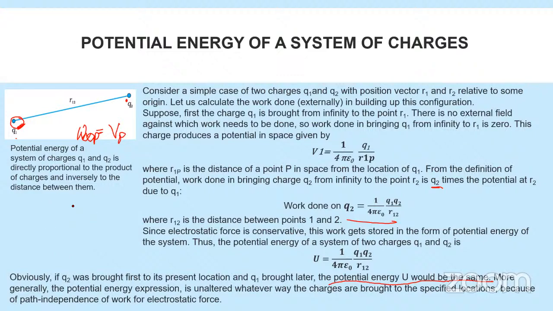So this is the potential energy of a system of charges. U is potential energy, V is just the potential.